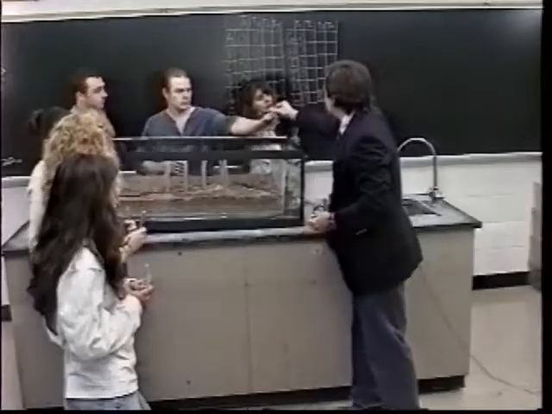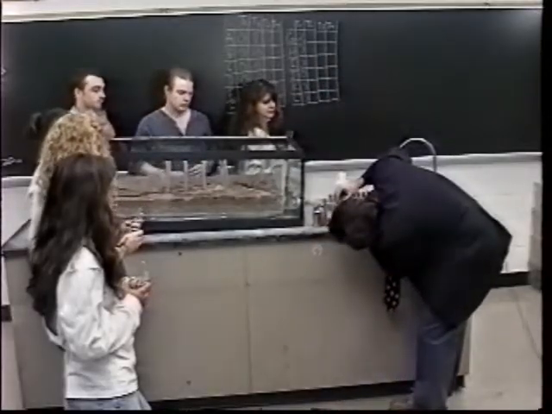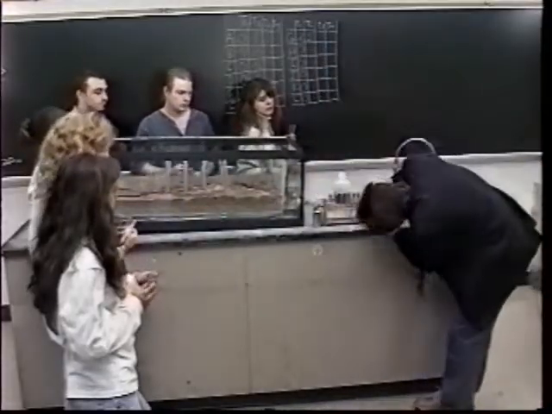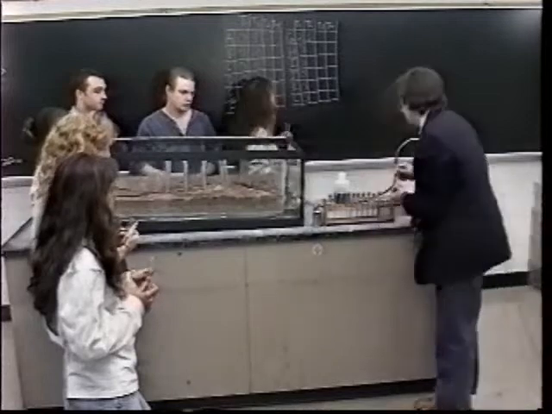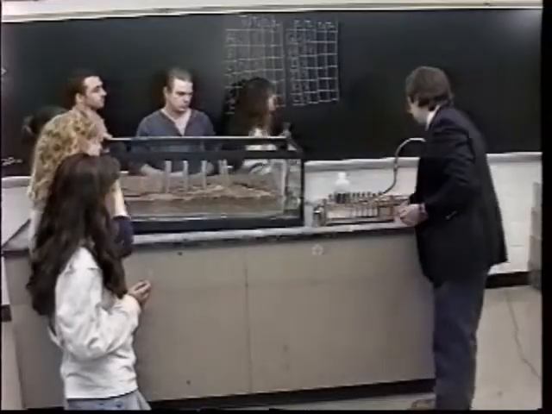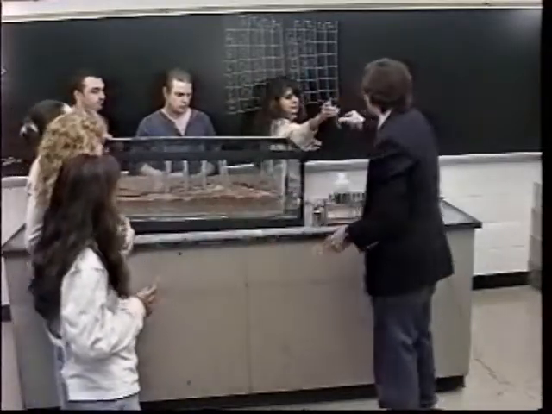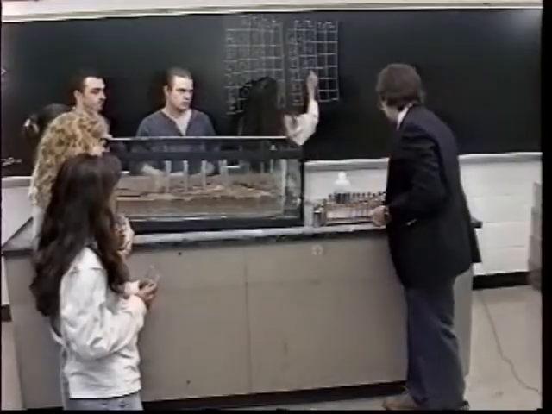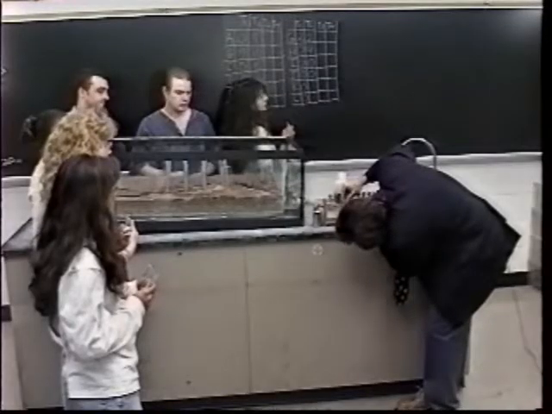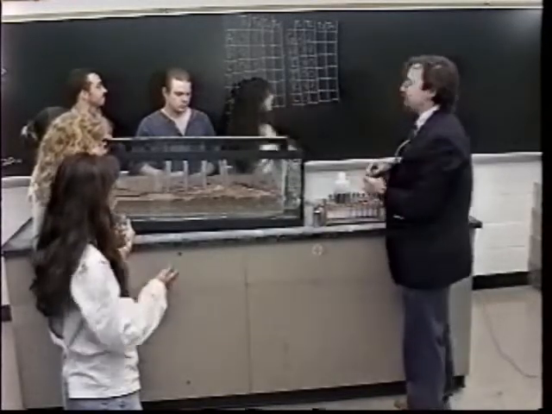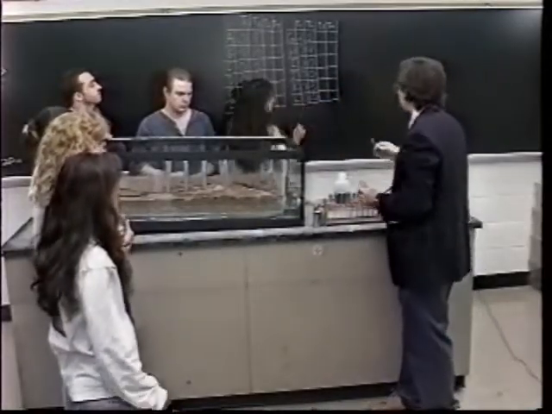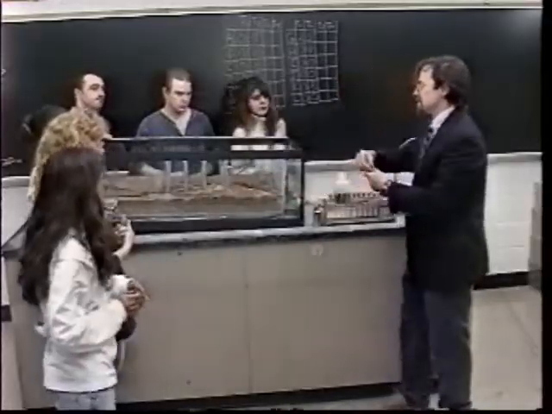G is a 2. H is a 9. I is a 0. J is a 0. K is a 3. And L is a 0. Okay, and that's the second test.